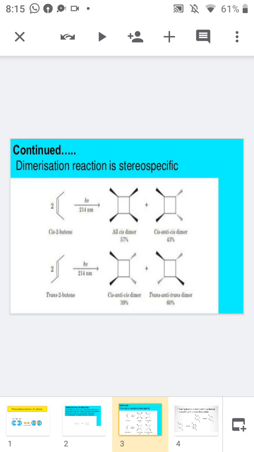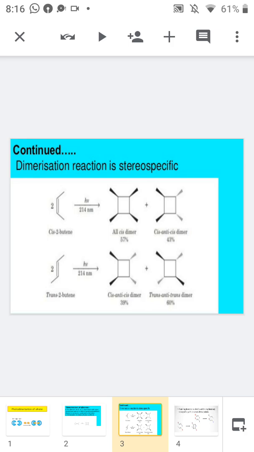That is the cis-anti-cis dimer. In the cis dimer, we get 57% of the product, and in the cis-anti-cis dimer, we get 43% of the product.